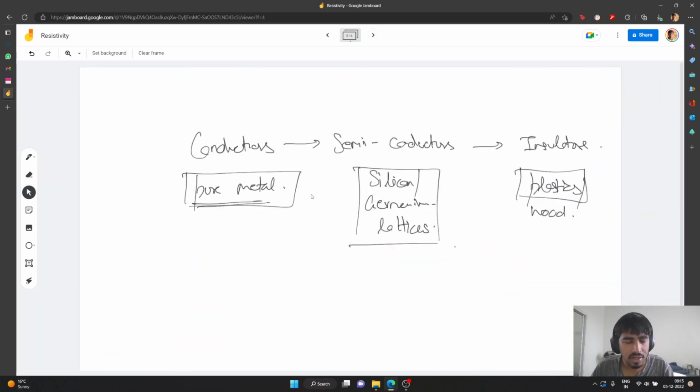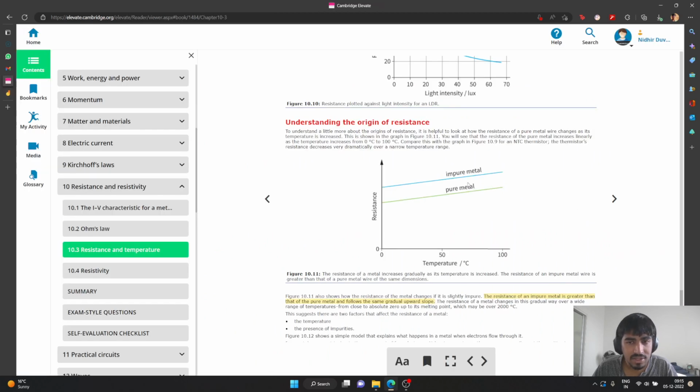That explains that. Another thing it explains is this impurity curve. Why is it higher than this? Because if there are impurities, then maybe you have a lattice that's regular of all the atoms, of all the positive cores, but then there is one big atom in the middle because of an impurity, right? So when it vibrates, you can imagine that.